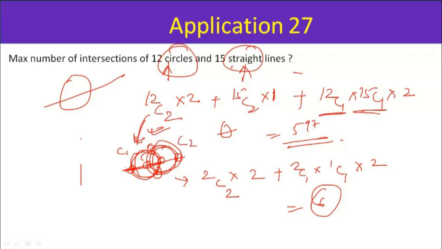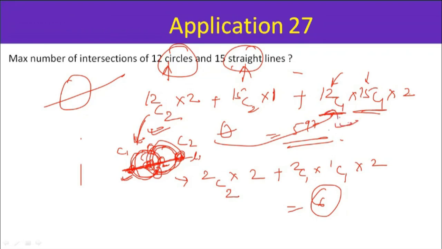So the intersection of circle 1 and this line 1 is covered here. When we said 12C1 into 15C1 into 2, this case is already covered. Similarly, these are all the other permutation combinations of a line and a circle, right? So in this second case, when this line intersects circle 2, line 1 intersecting circle 2 is also covered here. Hence, the remaining 2 points also get covered in this.